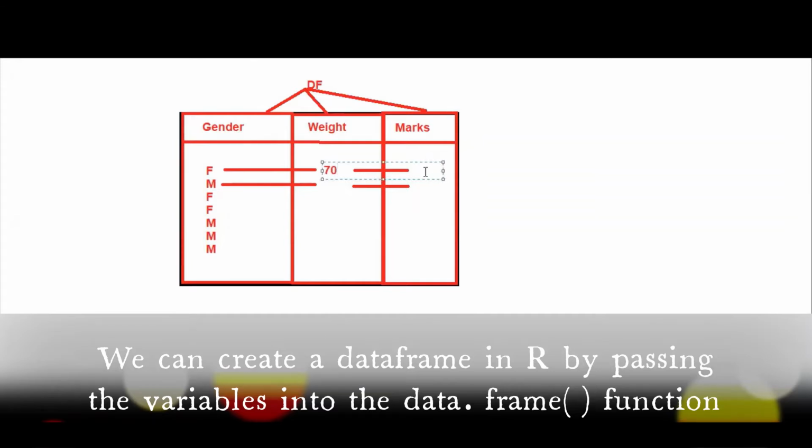Because it's a part of the data frame now, you can't get the mean marks directly. Suppose you want to find the mean marks here. It's a part of the data frame now. So from DF you have to go. That means DF if you write, and you have to write a dollar sign.